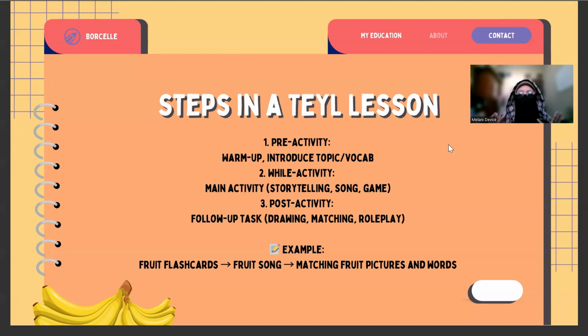It can use task-based learning or other approaches. For example, with a flashcard lesson, I might begin by showing flashcards for the pre-activity, then sing the fruit song as the while-activity, and finish with sorting or matching games with pictures as the post-activity. Maybe this can help learners stay engaged and focused, so the process of learning the language can be more effective.